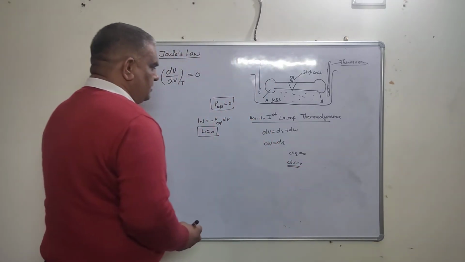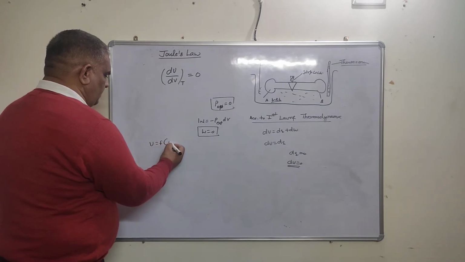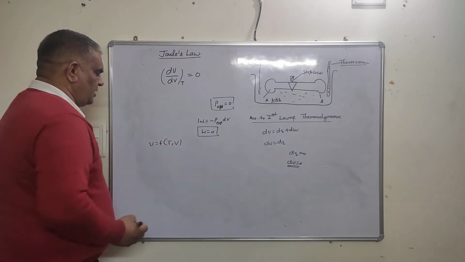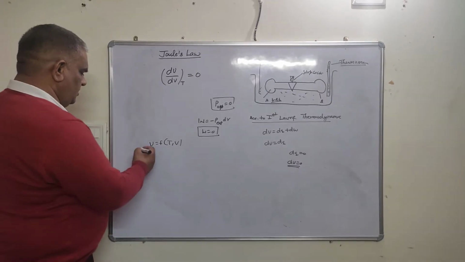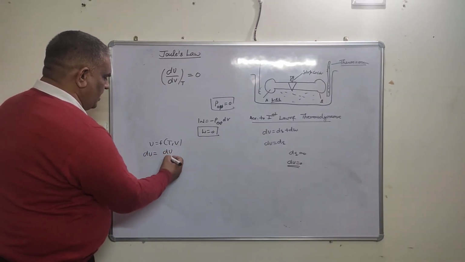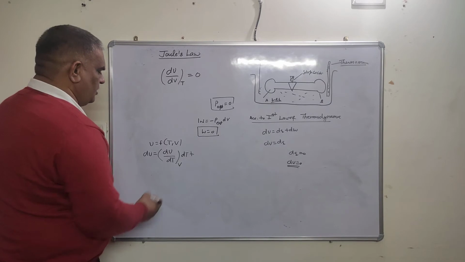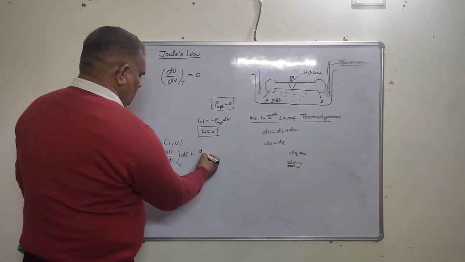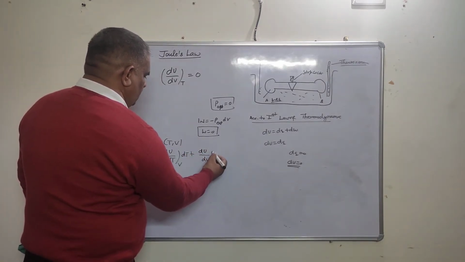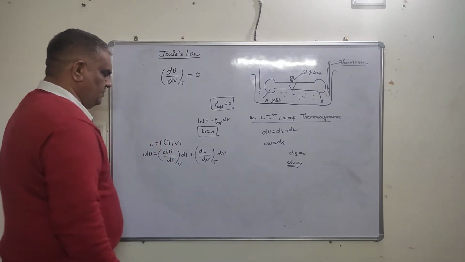So we can say the internal energy U is a function of temperature and volume. If we differentiate this equation, dU equals dU by dT at constant volume times dT plus dU by dV at constant temperature times dV.